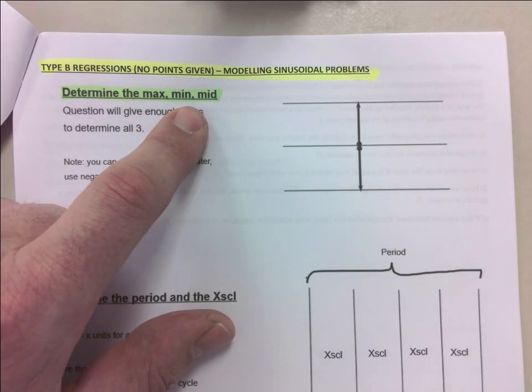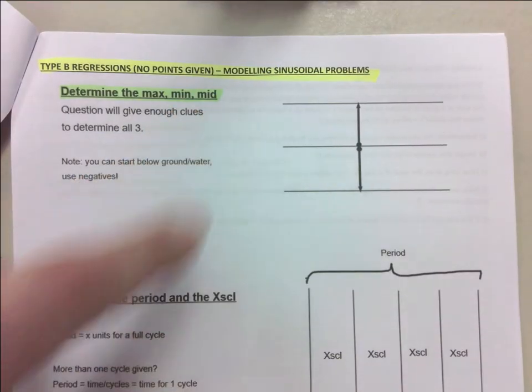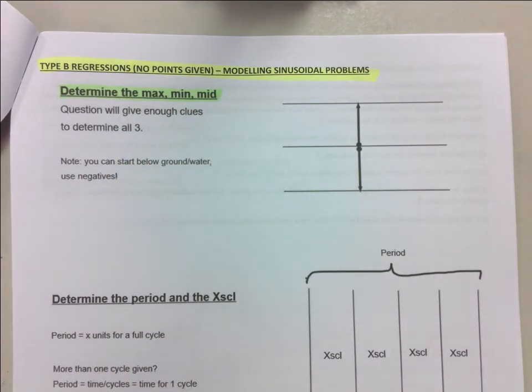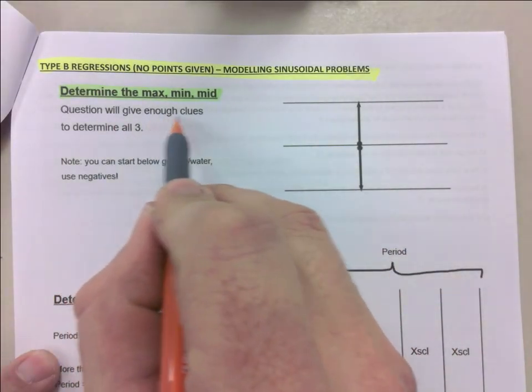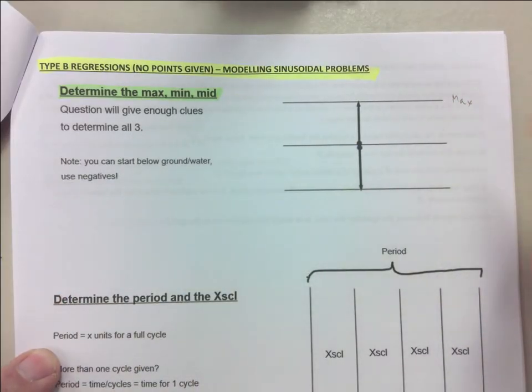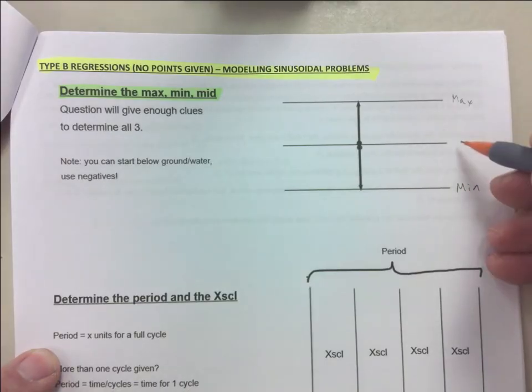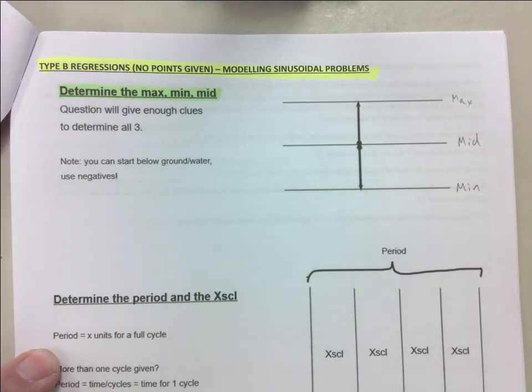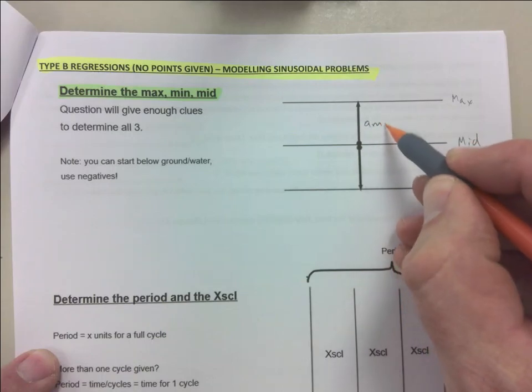You have to see amplitude in it somehow, and you have to see min, max, and mid in there somehow. So you need to figure out what's the max, the min, the mid, and the amplitude.